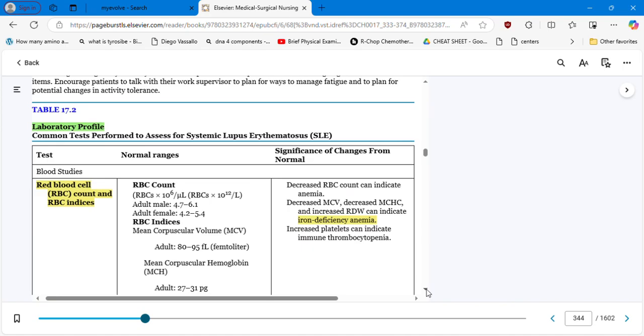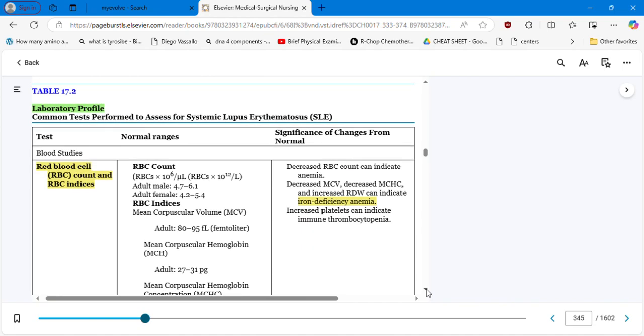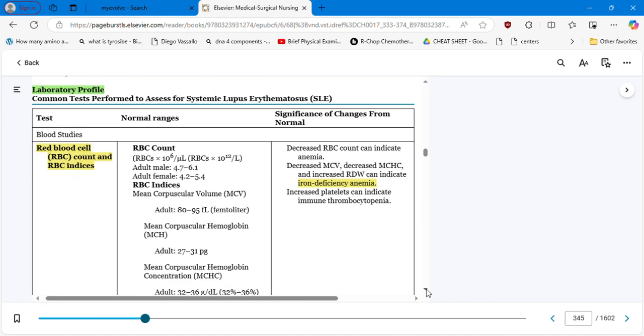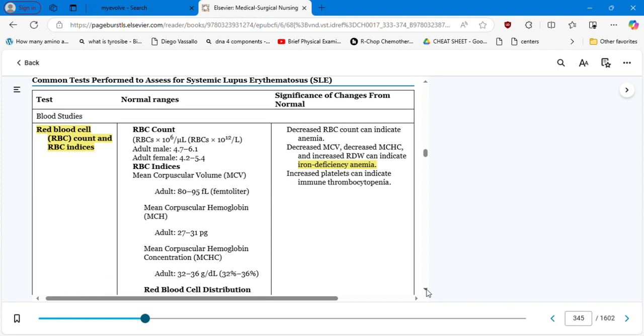And here is the list of laboratory profile that usually the doctors are going to order for diagnosing SLE, systemic lupus erythematosus. Your RBCs, right? Your complete blood count, and also sometimes we are going to see the decreased MCV, your mean corpuscular volume, in case of iron deficiency anemia.